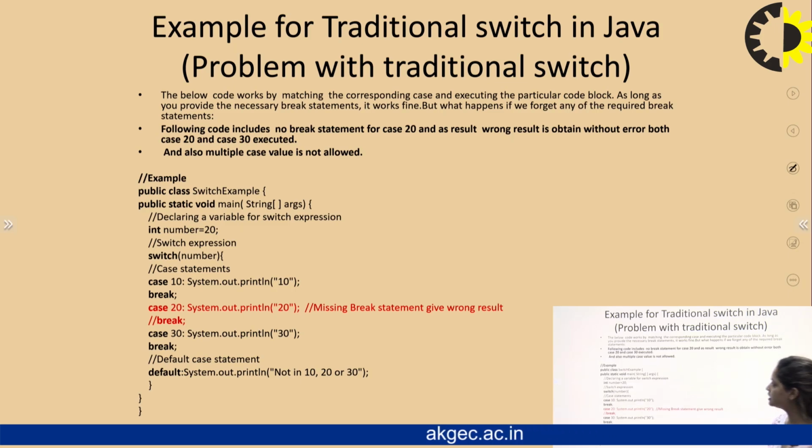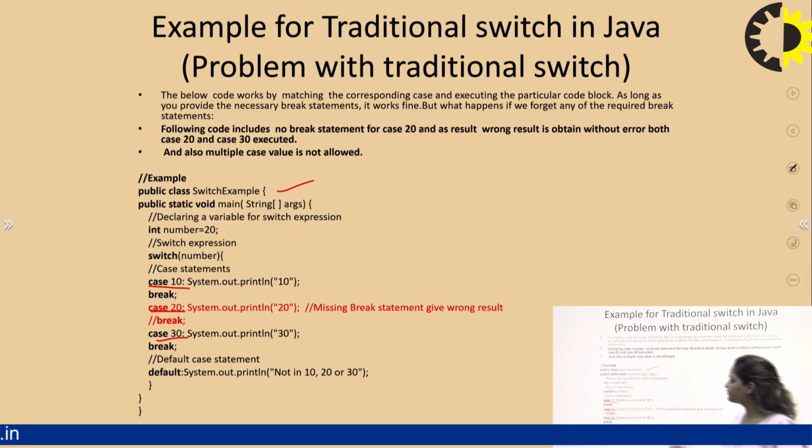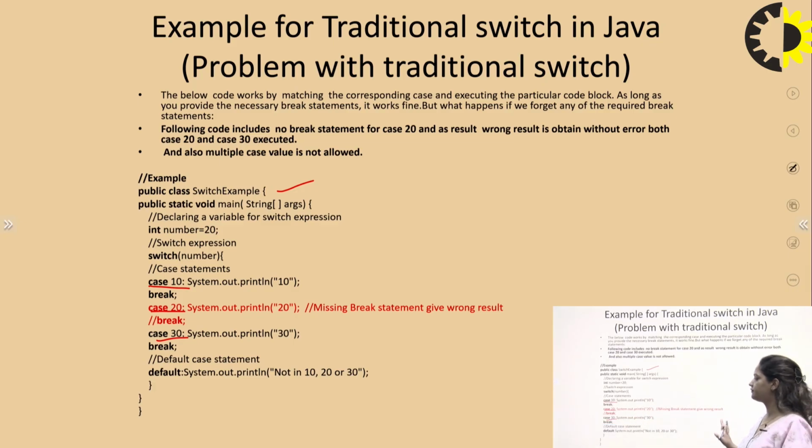This example is a primitive switch statement. We have three cases, 10, 20 and 30. Each prints a statement: the first prints 10, the second prints 20, and the third, case 30, prints 30.